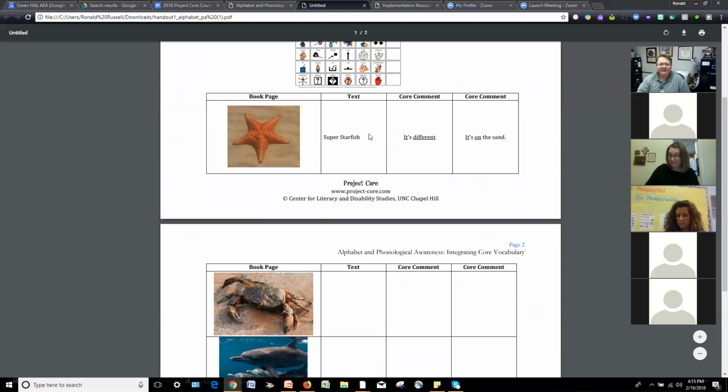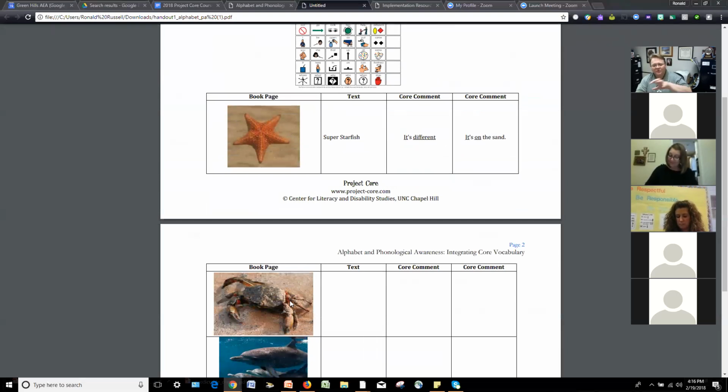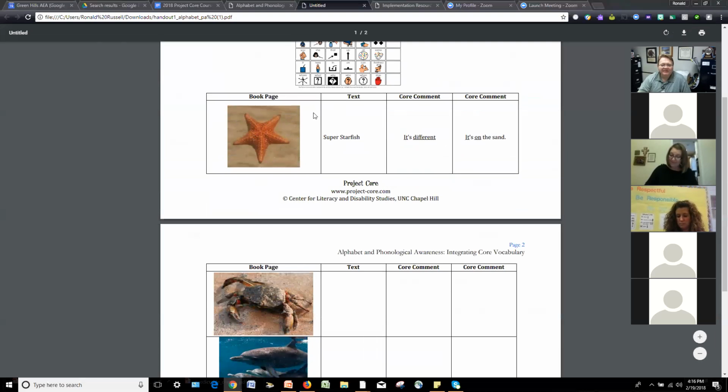And again, I'm just looking back here. These could be pictures from a whole variety of books, but there's also this idea that some books might be more alphabet books. So maybe the starfish came from a book on looking at S, so "super starfish" would be the text, giving you then the opportunity to comment: it's different, it's on the sand, and so forth.